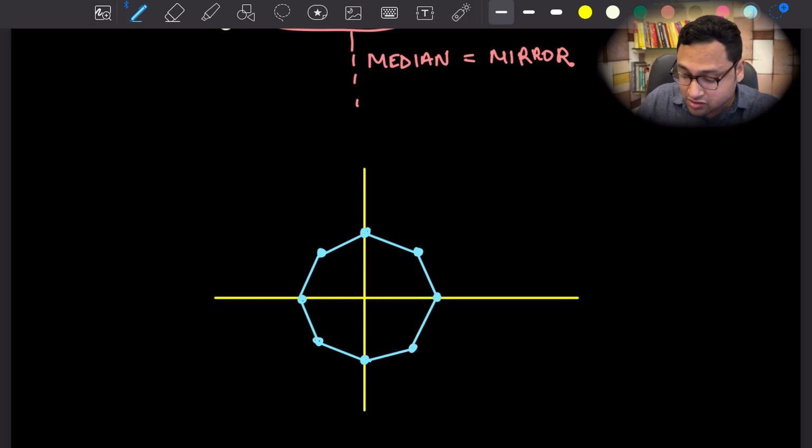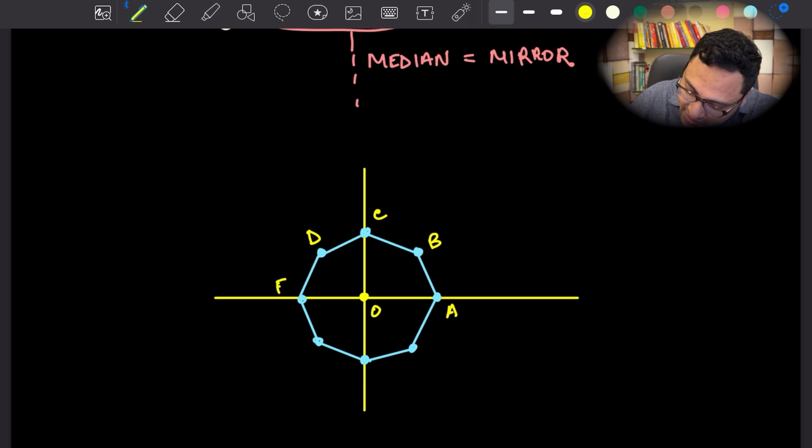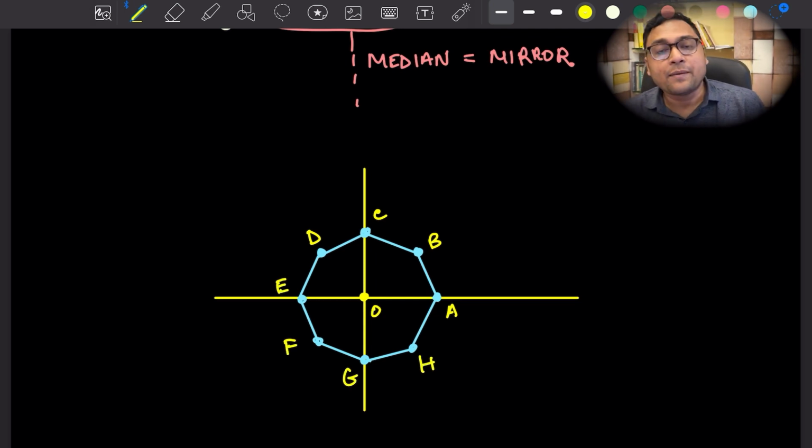We have the octagon. Now I'm going to draw the point O and A, B, C, D, E, F, G, H. Okay, so what is an example of a symmetry of the octagon?